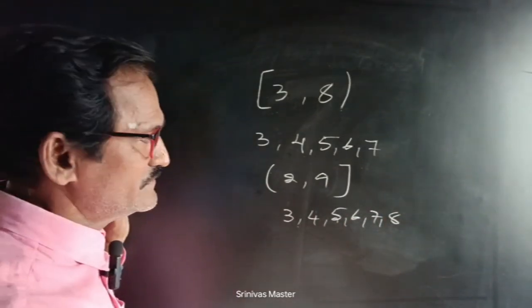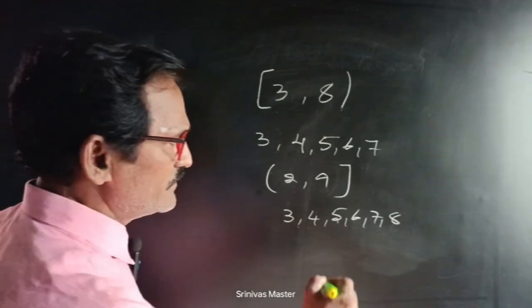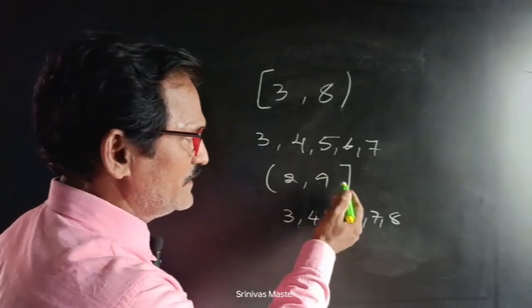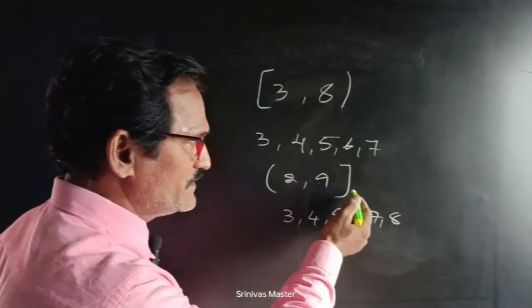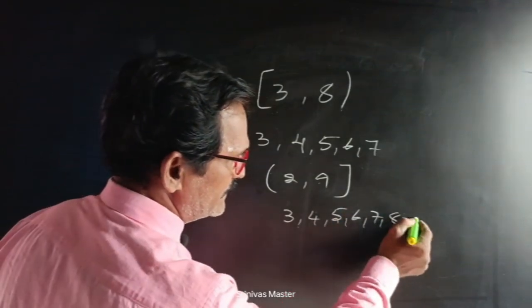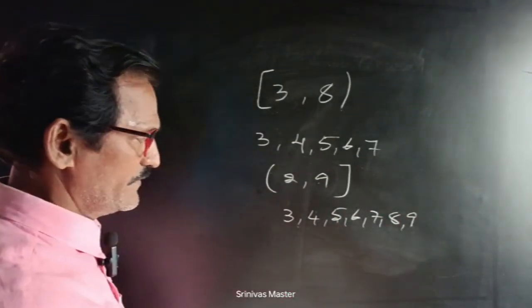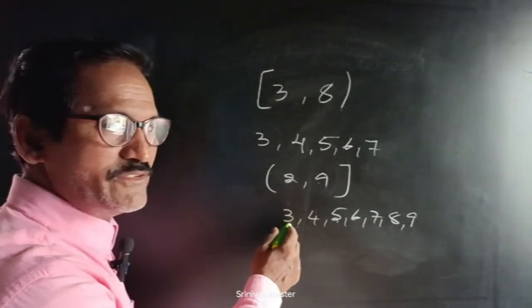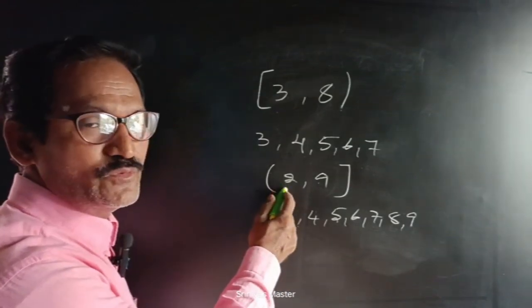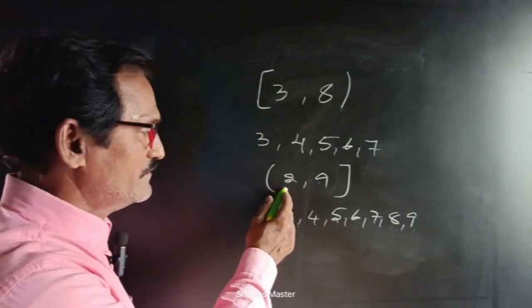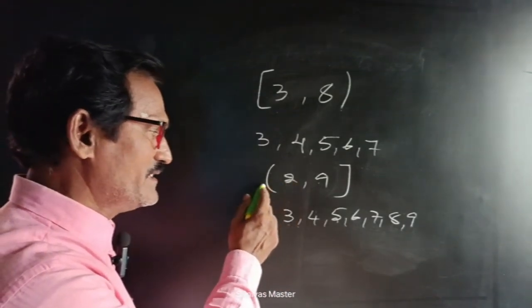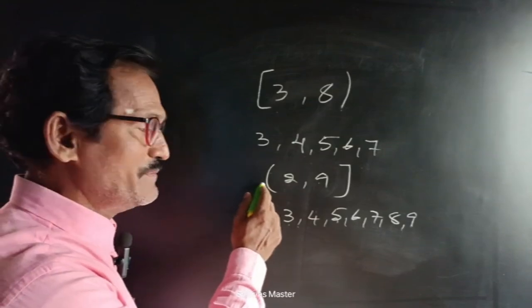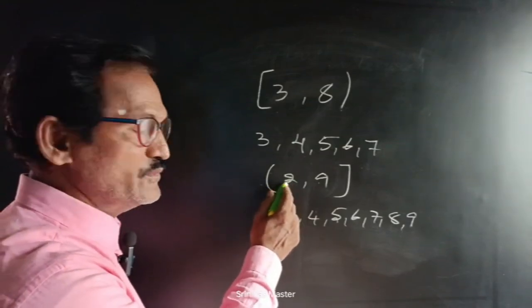Next, should 9 be written or not? We should write it, because 9 is with the closed bracket. That means 9 also we have to write. Here I started from 3 onwards, I didn't start with 2, because it is bounded with the open bracket, which means except 2.